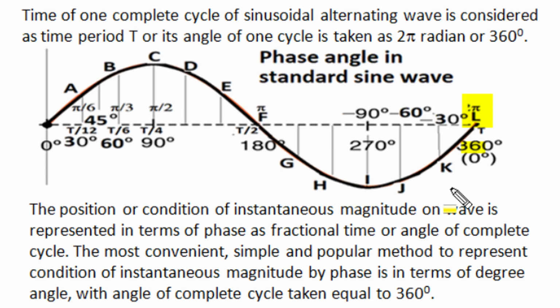Now out of these three, time in second or angle in radian, the more popular approach is to represent phase in terms of degree angle, and the entire cycle is considered as an angular span of 360 degree, the half cycle becomes 180 degree, the quarter cycle becomes 90 degree, and we could have a proportional fractional part of angular measurement to represent the condition or position of instantaneous magnitude on this sinusoidal wave.